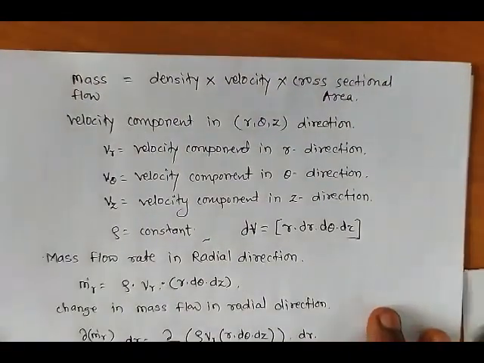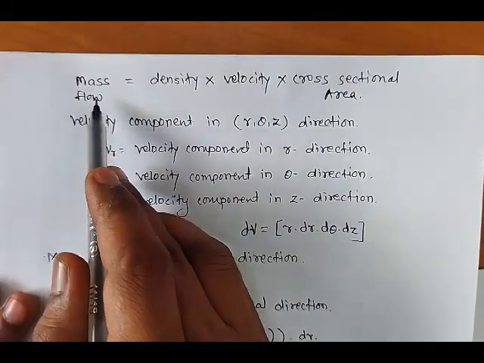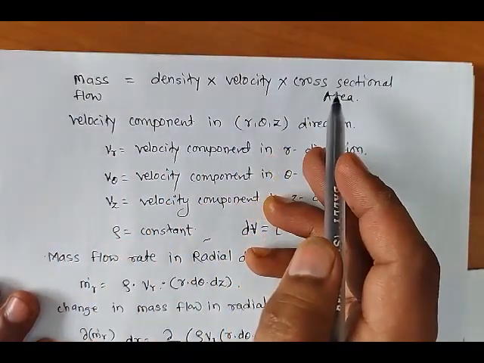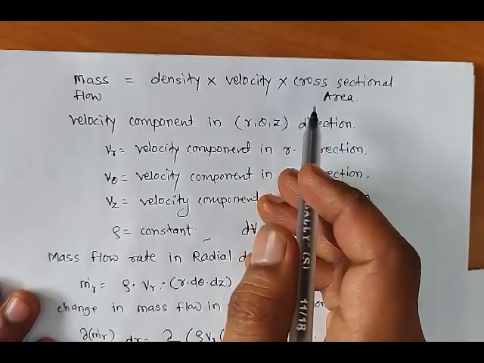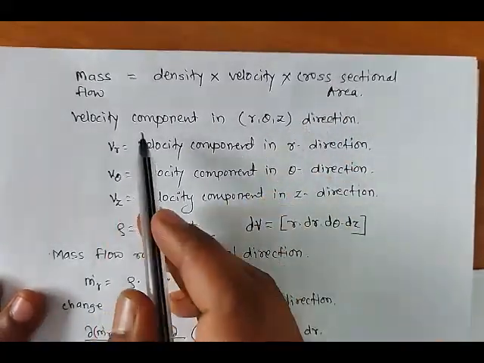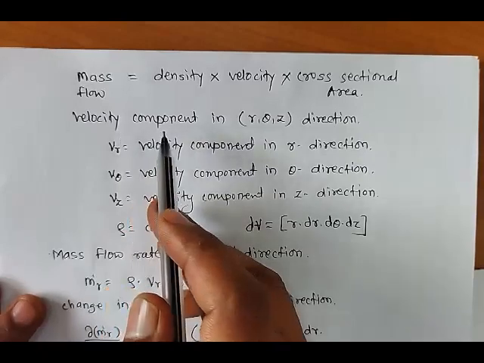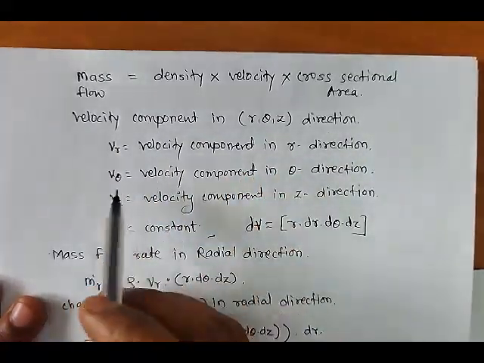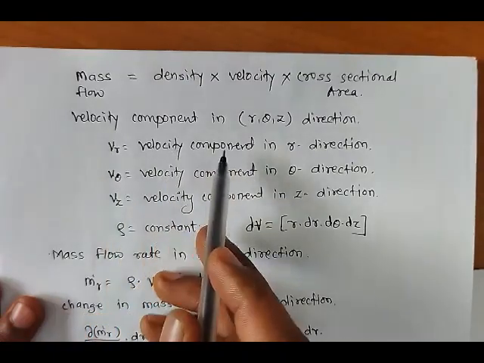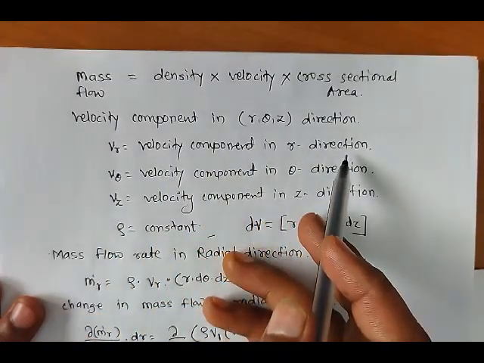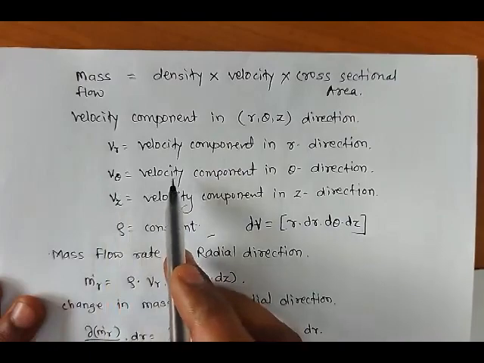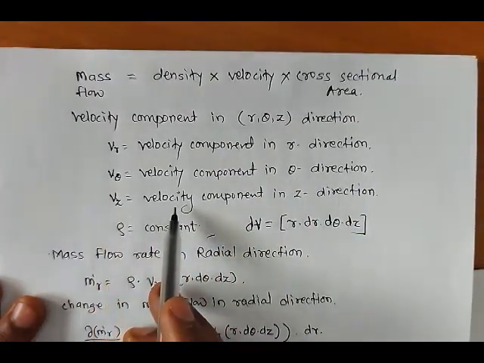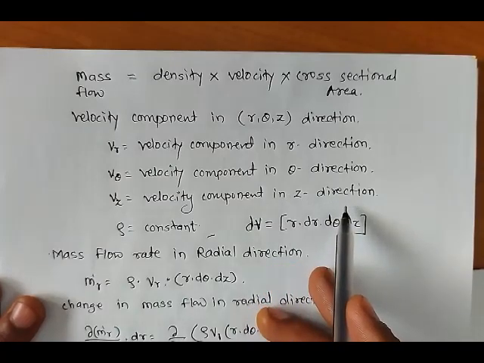First we know that mass flow rate is calculated using density multiplied by velocity multiplied by cross sectional area. For the cylindrical coordinate system, we have velocity components in r, theta and z directions: Vr is the velocity component in the radial direction, V theta is the velocity component in the angular direction, and Vz is the velocity component in the z direction.